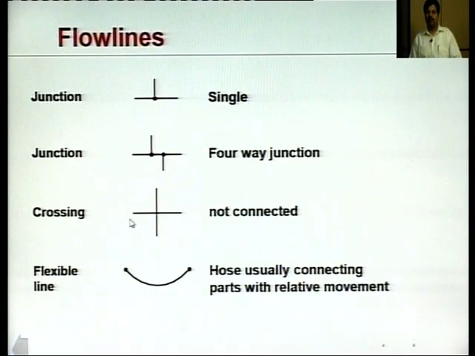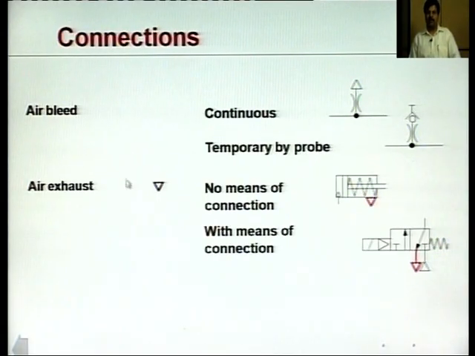It means the fluid flowing in this line and this line are separate entities and will not get intermixed. This type of symbol is used to show the flexible lines. This type of symbol shows a continuous air bleed system, and this type of symbol shows a temporary air bleed system. This symbol shows an air exhaust system.